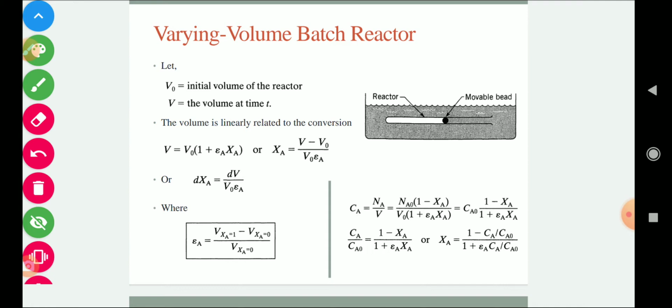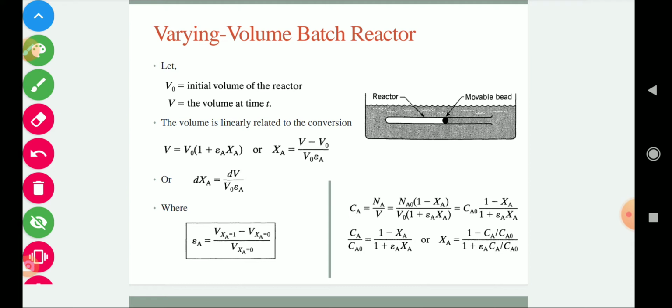So for a varying volume system, let us assume V0 indicates the initial volume of reactant and V is the volume of reactant at time t.